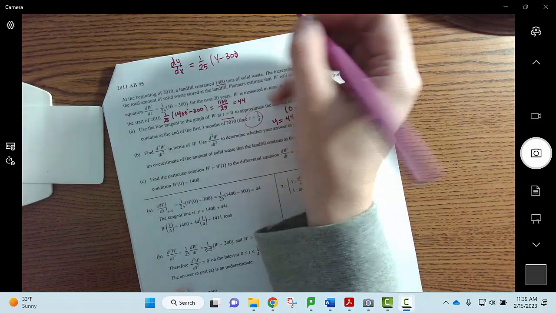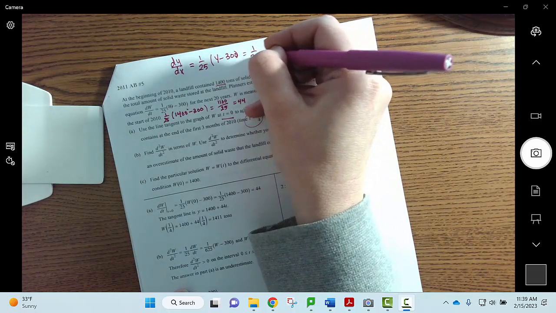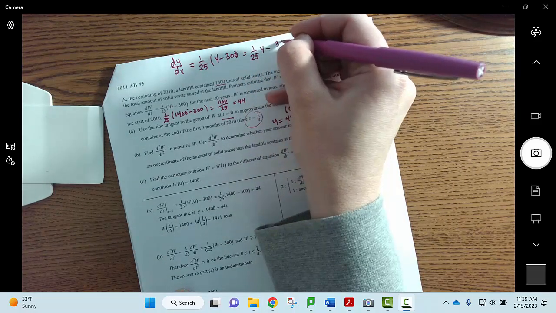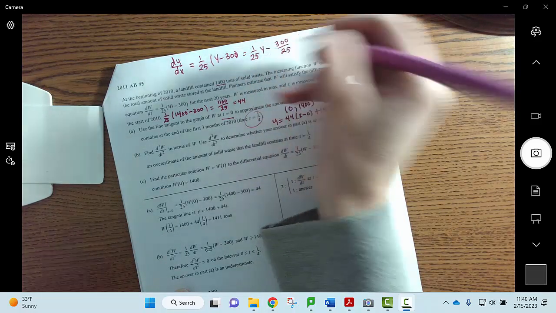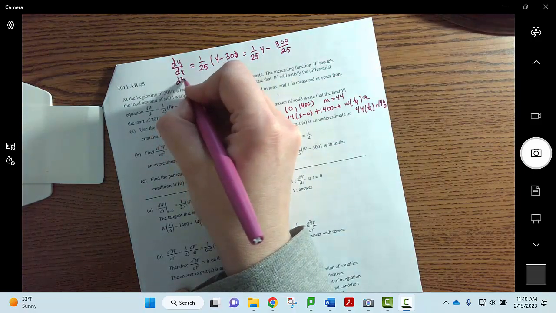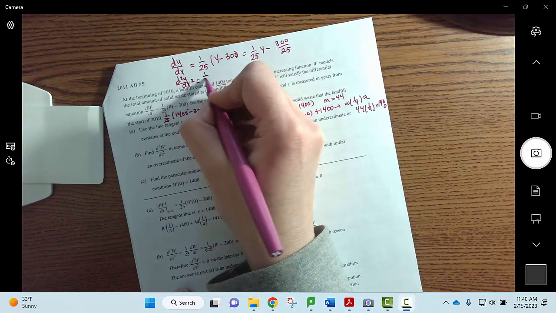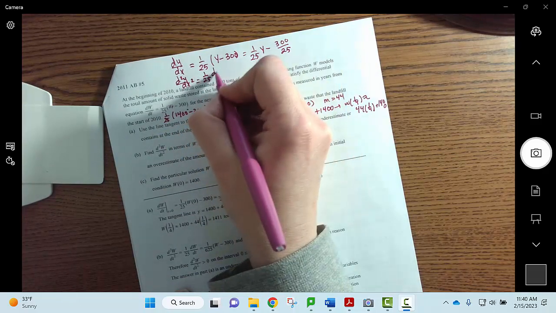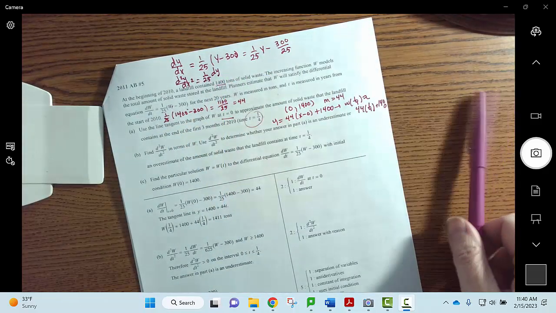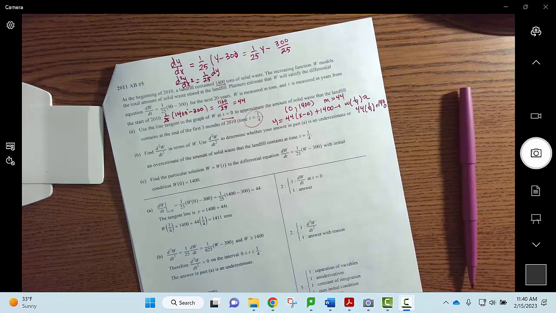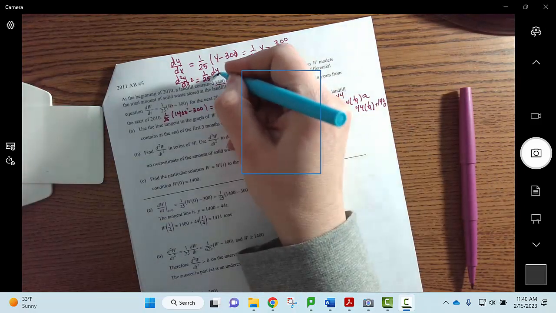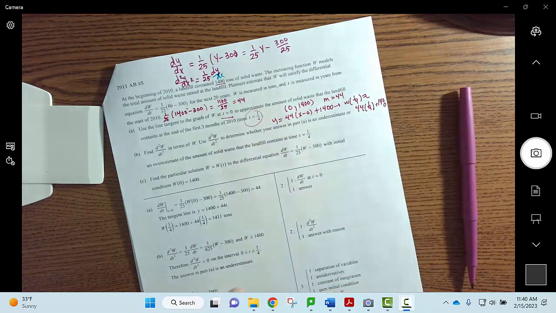So I think I would take this one step further before I took the second derivative. So the second derivative here would be 1/25 dy. My students, if you remember, there's that extra step in the second derivative where we have to divide by dx.